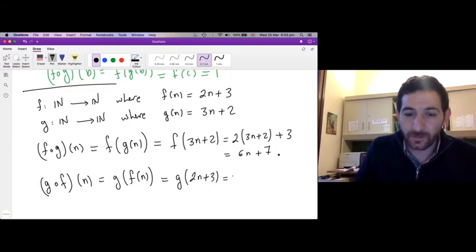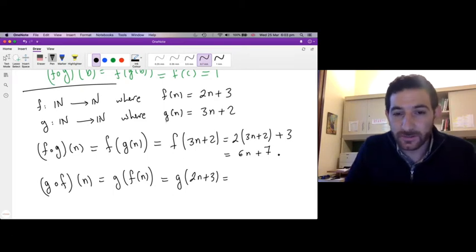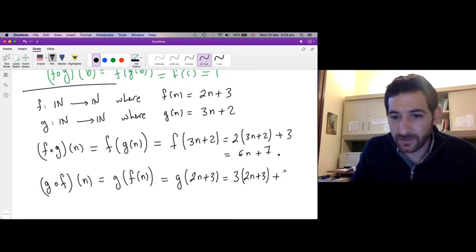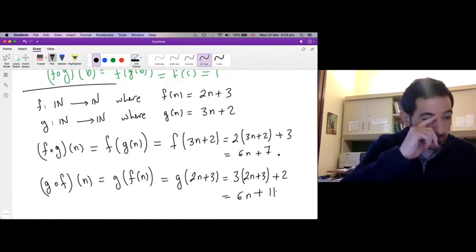And now what's g of 2n plus 3? The function g multiplies the input by 3 and adds 2. So multiply the input, which is 2n plus 3, by 3, and then add 2. And so this is 6n plus 11.